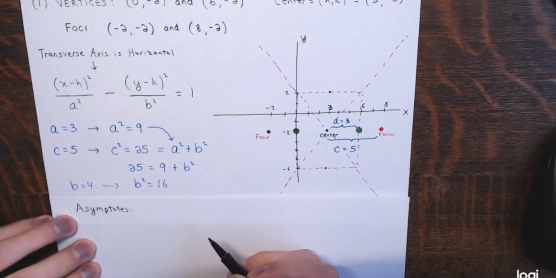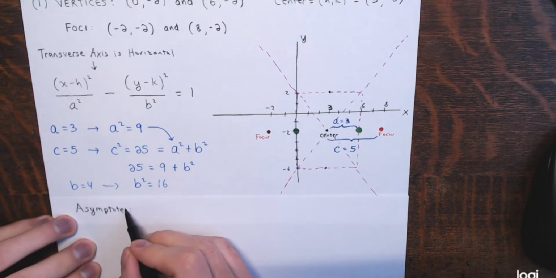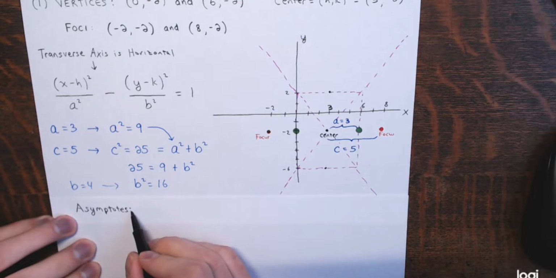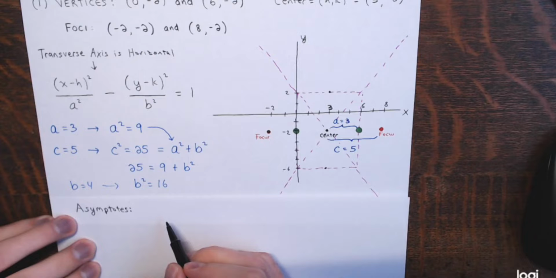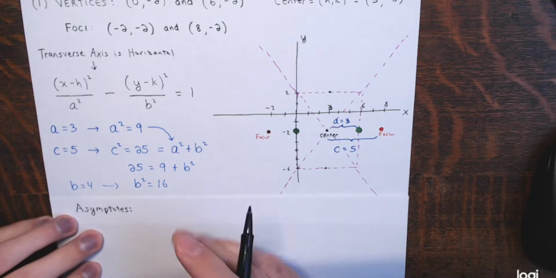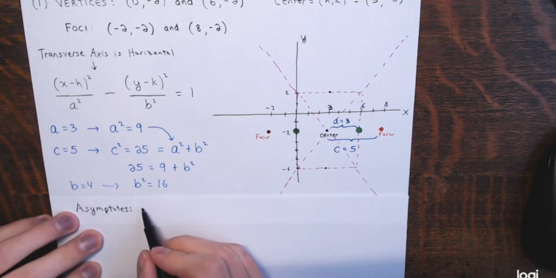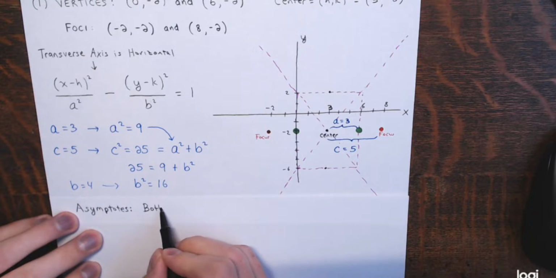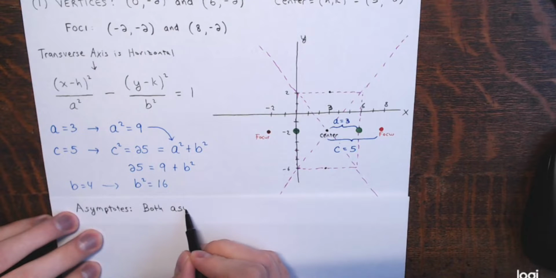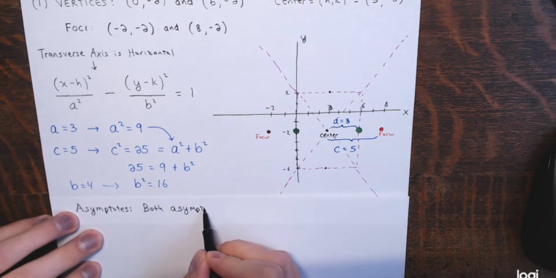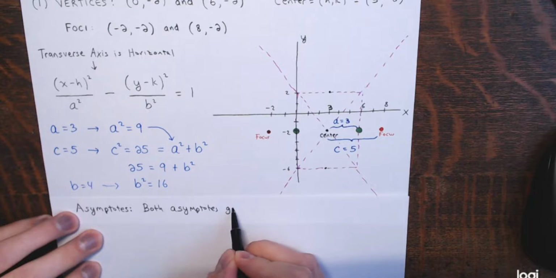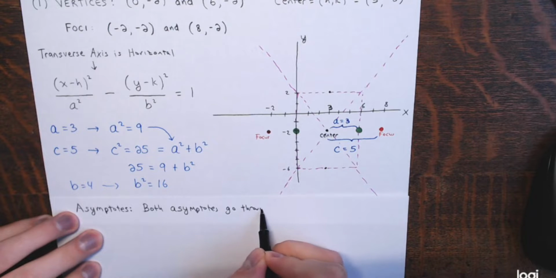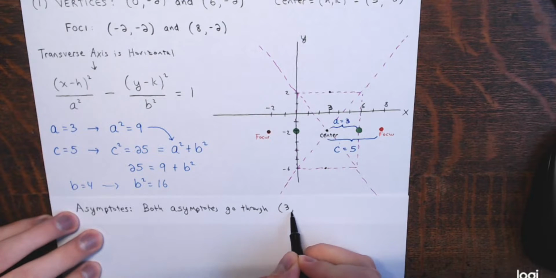Now, what I like to do is write the equations in what's called point slope form. You should know how to write equations of lines. Both of these asymptotes go through the center, the point 3, negative 2.